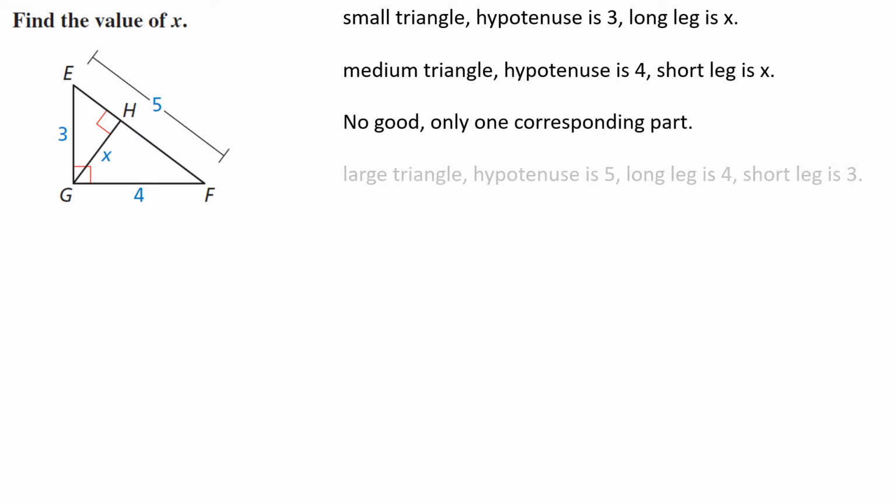With the large triangle, the hypotenuse is 5, the long leg is 4, the short leg is 3. Aha! I can use the large triangle with the small triangle because not only do I have the hypotenuse, I've got the long leg.